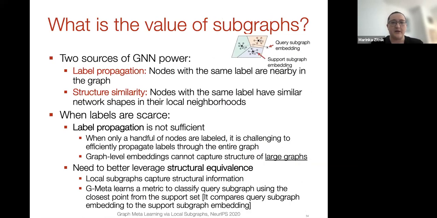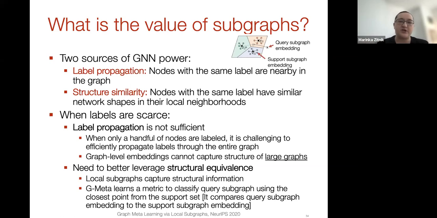You might ask, okay, why these ideas of local subgraphs? The intuition is the following. We can think of graph neural networks as using two kinds of signals in graphs. One is label propagation, where the intuition is that nodes that have the same label are nearby in the graph. Because of that, network message passing schemes and graph neural network architectures can effectively propagate labeled information along edges and transform it non-linearly.